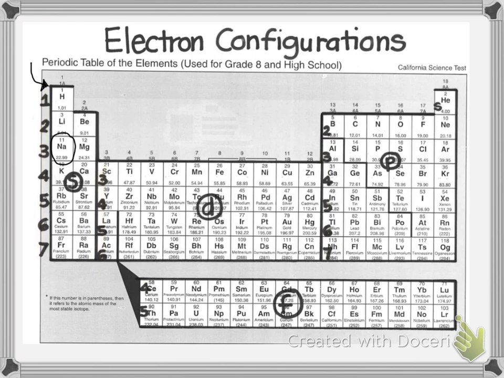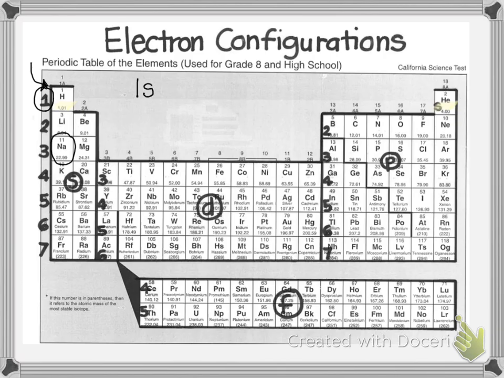So as we're writing the electron configuration, we're starting where hydrogen is, and we see that we're in the first row, which represents the first energy level, so I write 1. The first 2 columns are in the S sublevel. Now on the first period, they're separated from each other, but that's okay.